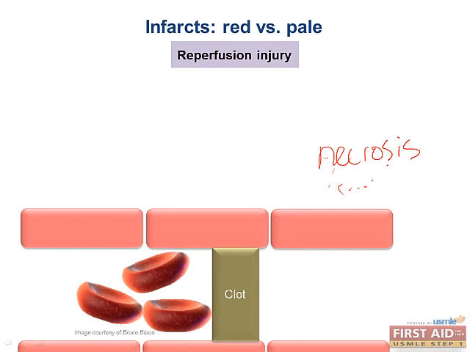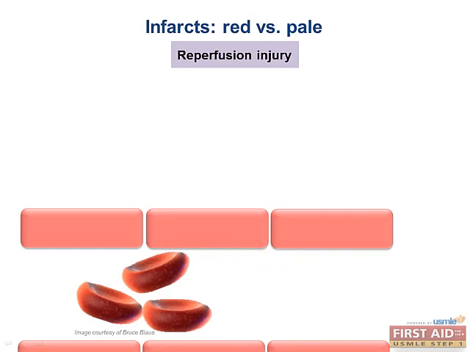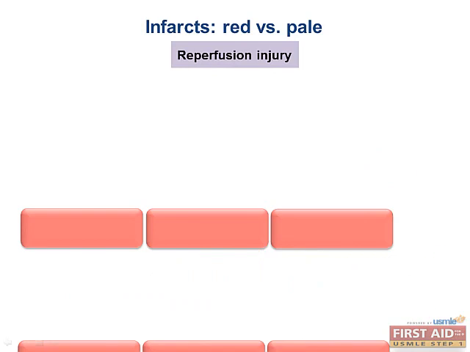But we do have natural things that can actually dissolve clots in our body, like, do you know? Tissue plasminogen activator, which will grind up this clot sometimes and actually allow blood to resume flowing. However, this tissue has been damaged because it hasn't received blood and oxygen and ATP.